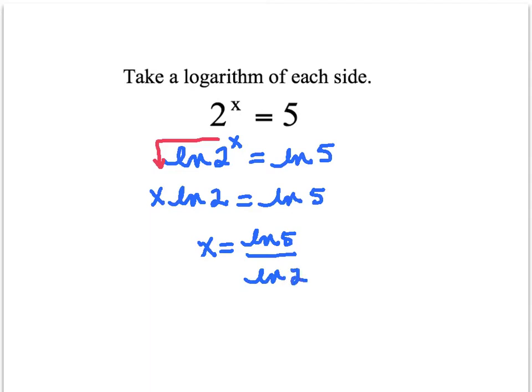I chose the natural log so that I could use my calculator now to find a value for the natural log of 5 divided by the natural log of 2. And when I put it into my calculator, I get an approximation of 2.322. We're going to be using 3 places of accuracy with our decimals.